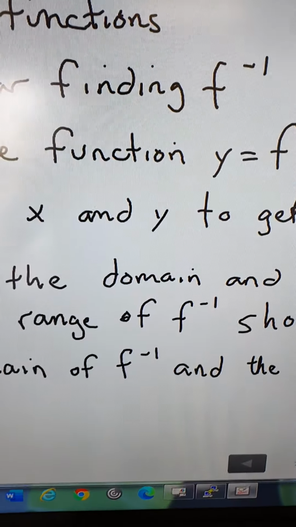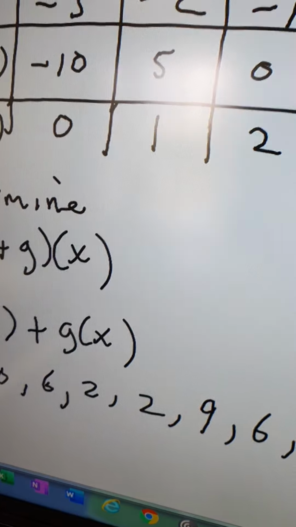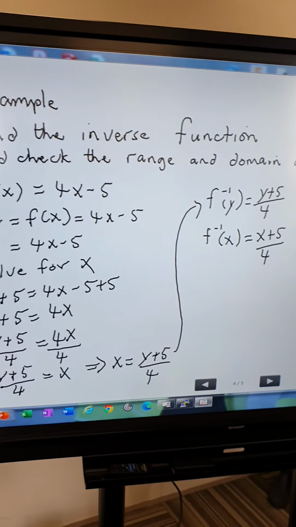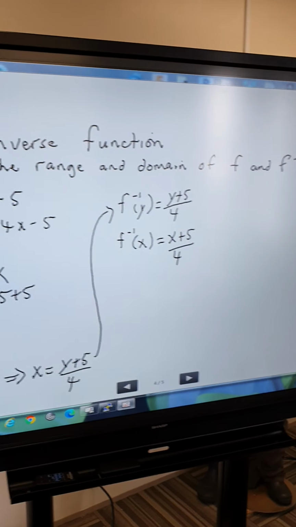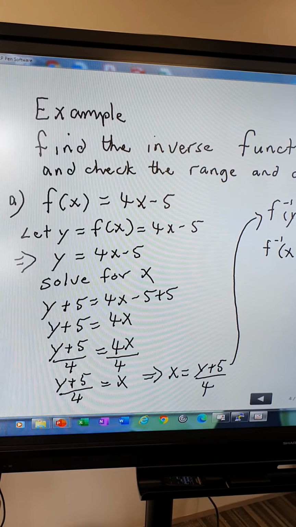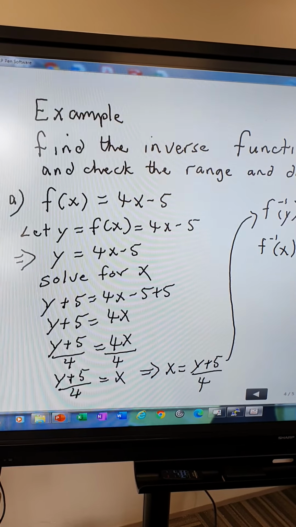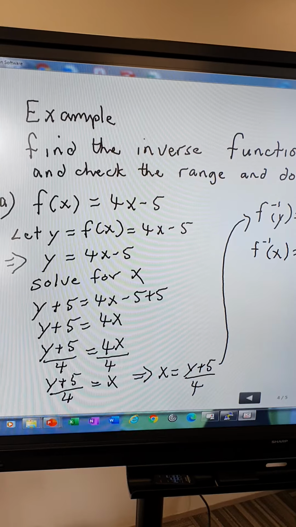So let's apply this to a problem. Find the inverse function and then check the range and domain of f and f inverse. So let's find the inverse of f(x) equals 4x minus 5. The first step, let y equal f(x), which equals 4x minus 5.